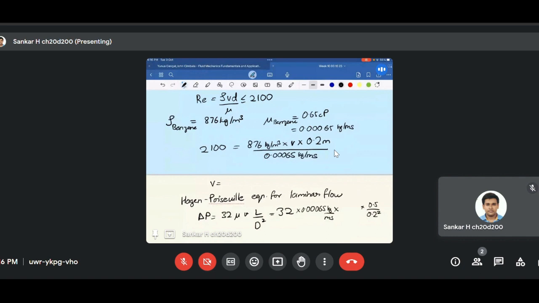The velocity is somewhere around 0.0078 meter per second. So if I substitute that 0.0078 meters per second, I'll get the delta P to be equal to 0.00203 Pascal.